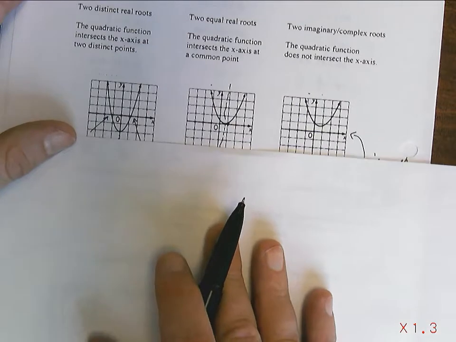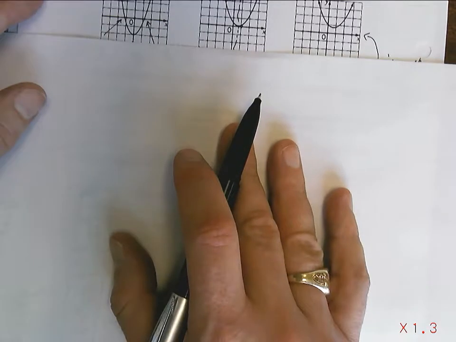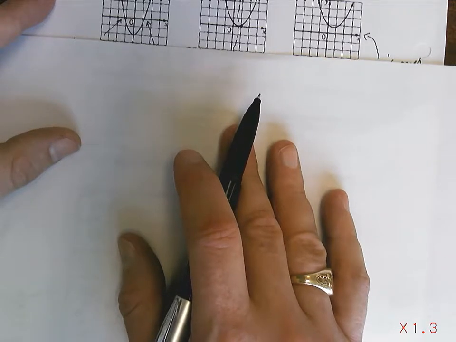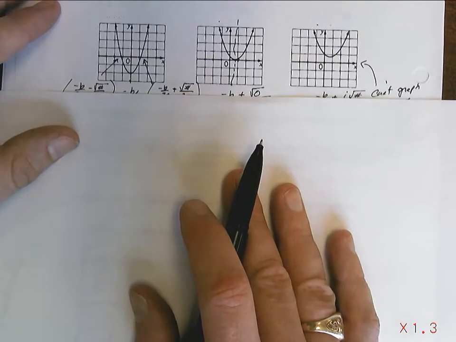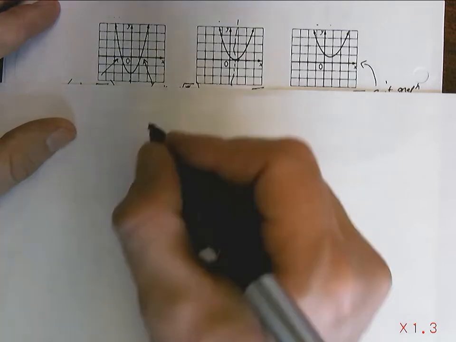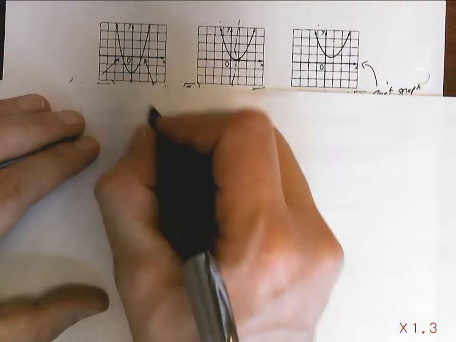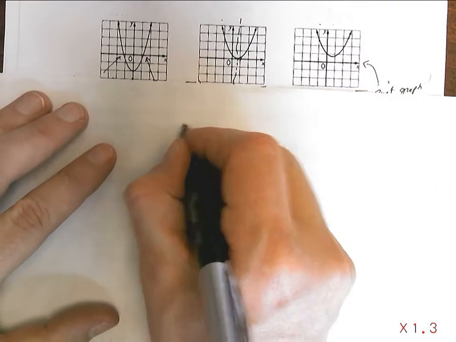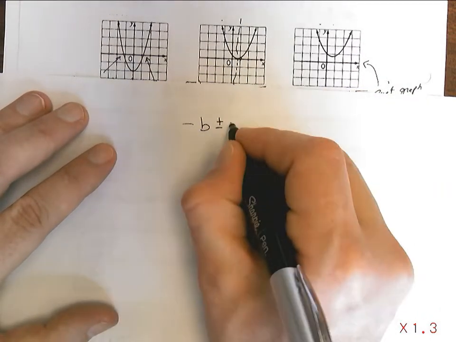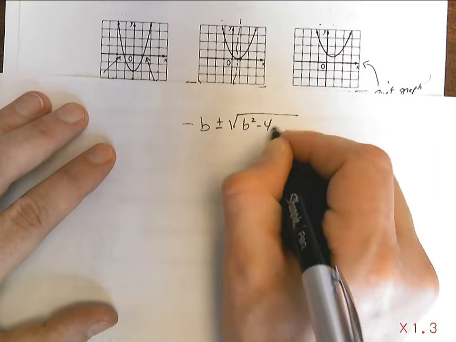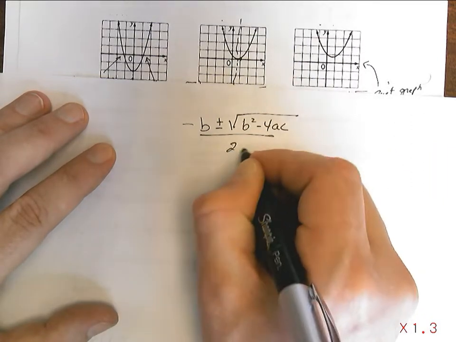And we sort of talked about that more in class, and what we can do is look at something called the discriminant to help us with that. Now the discriminant is going to be the value that's underneath the square root sign in the quadratic formula. So the quadratic formula looks like this: negative b plus or minus the square root of b squared minus 4ac, over 2a.